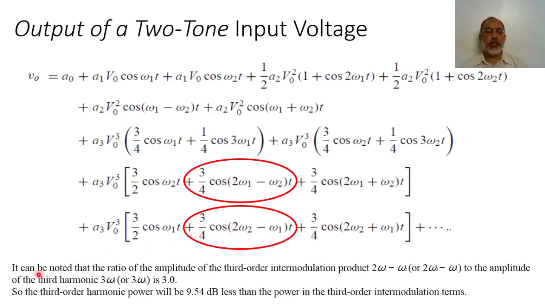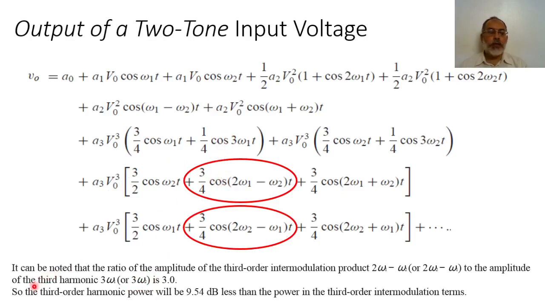So we say that it can be noted that the ratio of the amplitude of the third order intermodulation product, A3V naught cube, which has 2 omega 1 minus omega 2 or 2 omega 2 minus omega 1, to the amplitude of the third harmonic, 3 omega 1 and 3 omega 2, is nearly 3 times of this component.